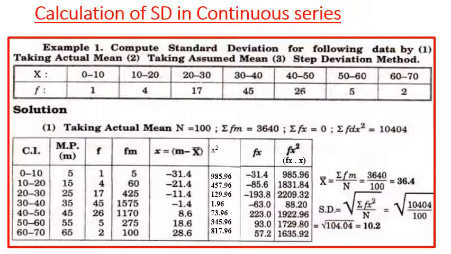Then fx square, f multiplied by the square of the deviations: 1 into 985.96, 4 into 457.96, 17 into 129.96, 45 into 1.96, 26 into 73.96, 5 into 345.96, 2 into 817.96. You will get the fx square.